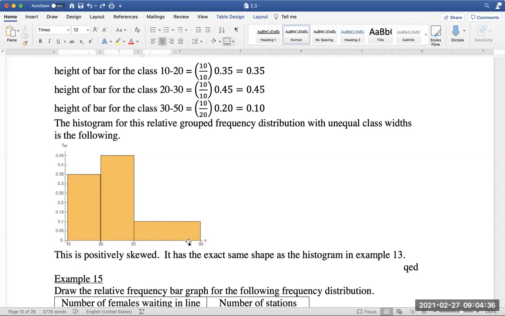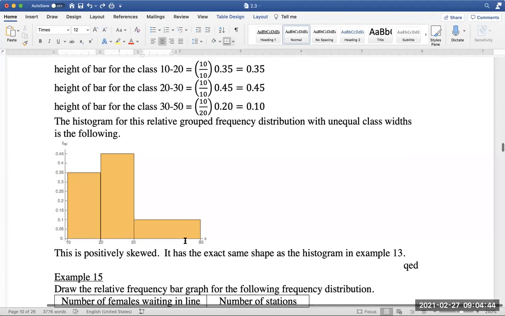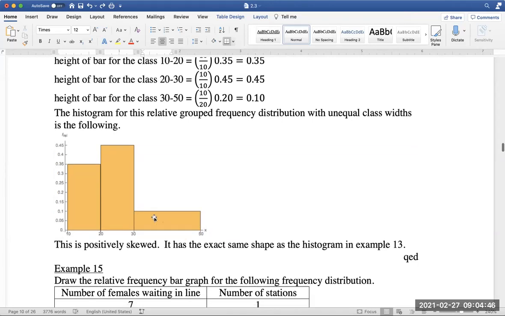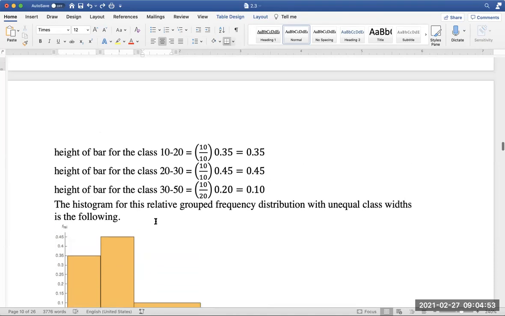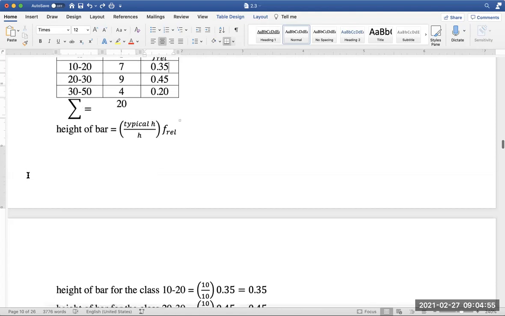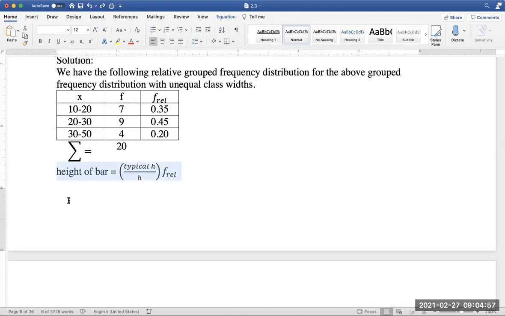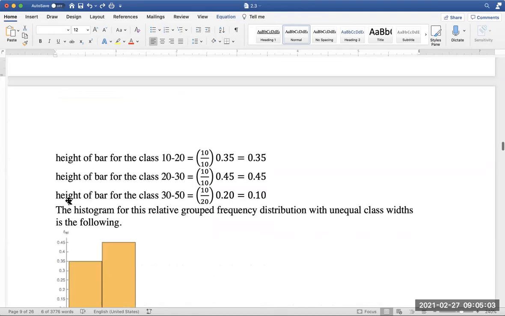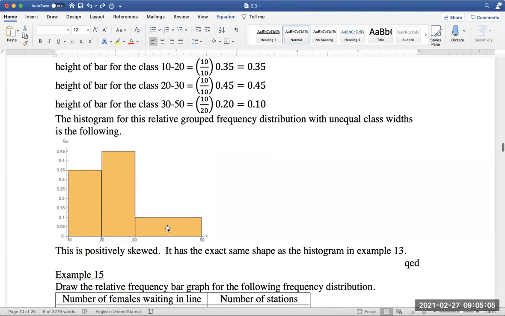Lastly, in this case the class width is 20, so 10 divided by 20 is 1/2, times 0.2 is 0.1. So the height in this case is 0.1. Notice you're going to have to scale with the same sort of formula that we gave previously. And so this is what it looks like.